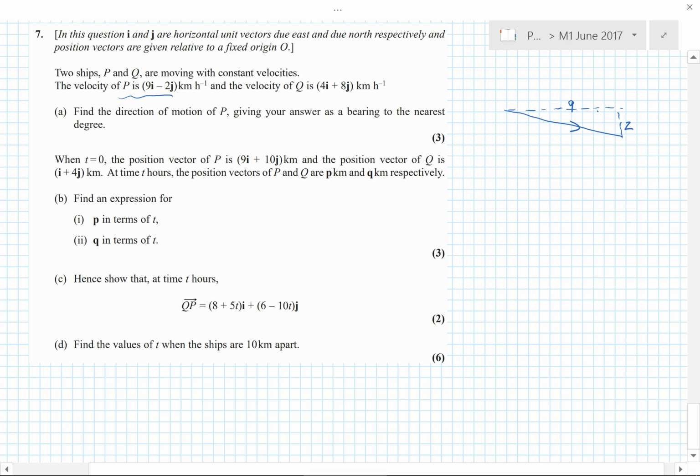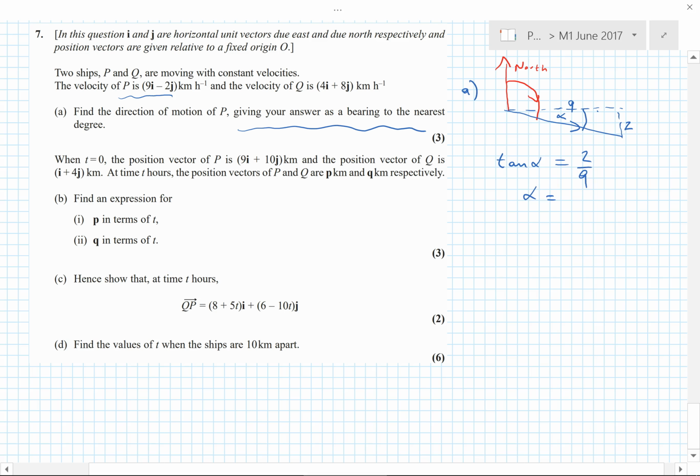And we want the direction of motion given as a bearing to the nearest degree. Now the bearing is measured from the north clockwise. So this angle here is alpha. Once we've worked that angle alpha out, we want the bearing from north, which is slightly more than 90 if you look at it. So we can work out tan alpha, which is opposite over adjacent, which is 2/9.